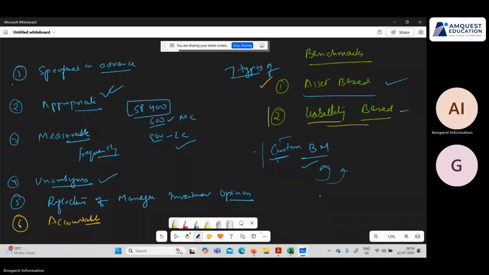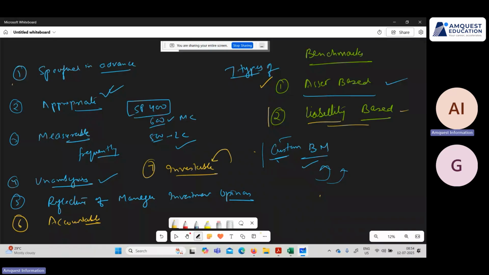Is that okay? And lastly, very, very important, investable. It clearly means that the investor should have the capability to forego the portfolio manager's style and should be able to invest in the benchmark itself.